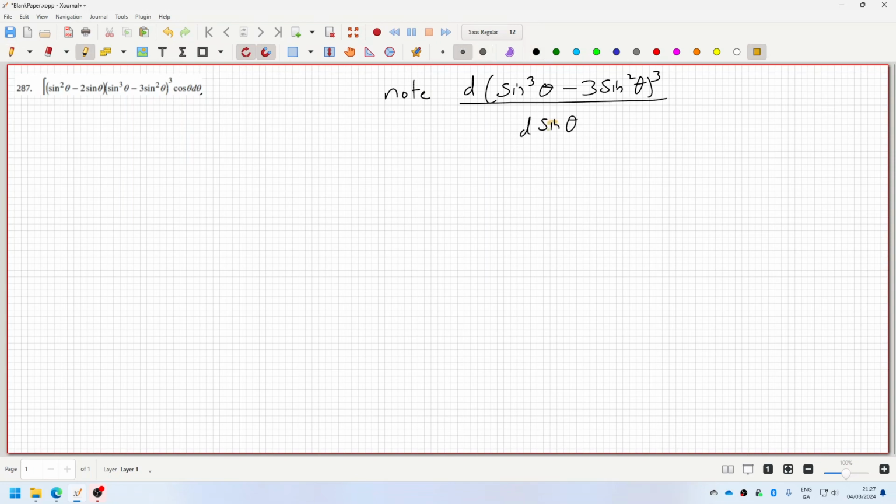So if you just pretend sine theta is like a variable like x, then this just becomes the chain rule, which is bring down the power, reduce the power by 1: sine cubed theta minus 3 sine squared theta, squared. And you know what? I didn't even make enough space.